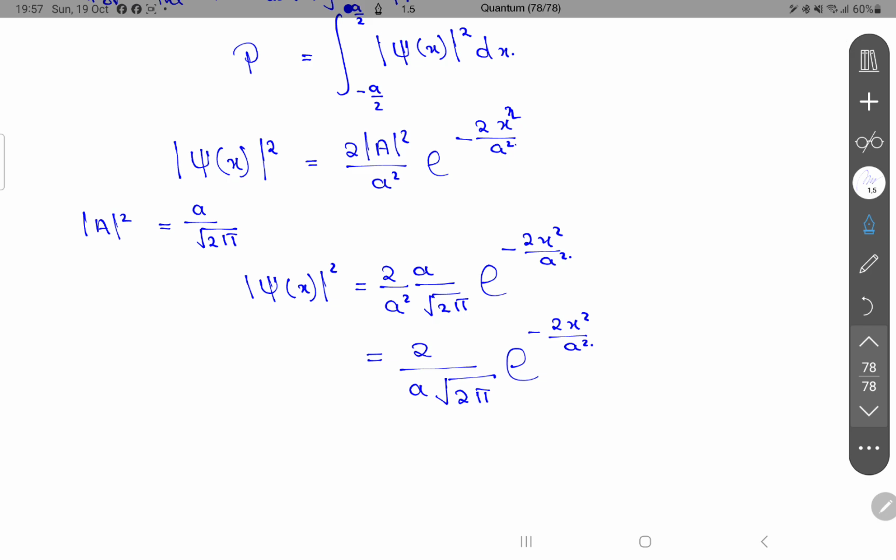In mathematics, if I want to deal with this too, if you look very carefully, 2 over a root 2 pi, I can put this 2 into a square root of 4 over a root 2 pi. I can do further like this.